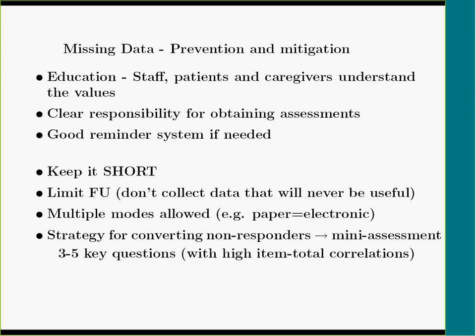If we just say we're going to get the assessment, but we don't say this person is responsible for getting it, we won't have complete data. Developing a reminder system that may help whoever has that responsibility can be very helpful.